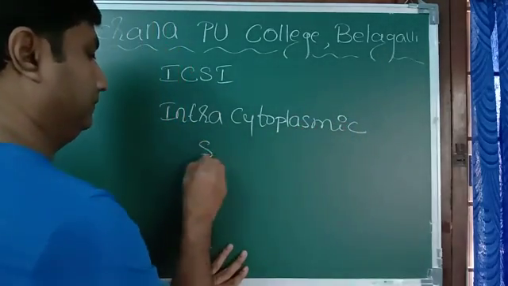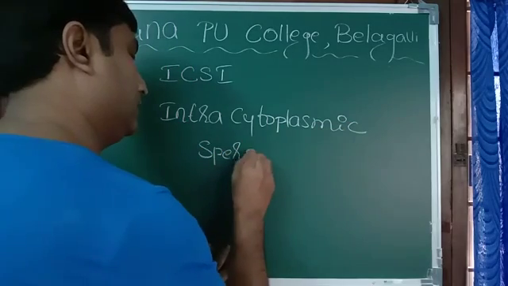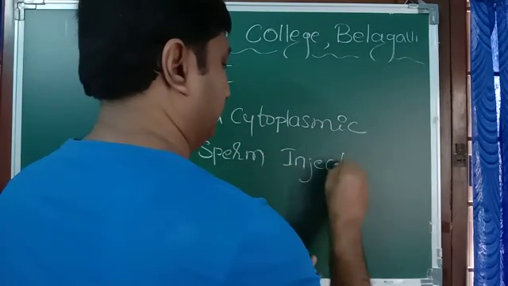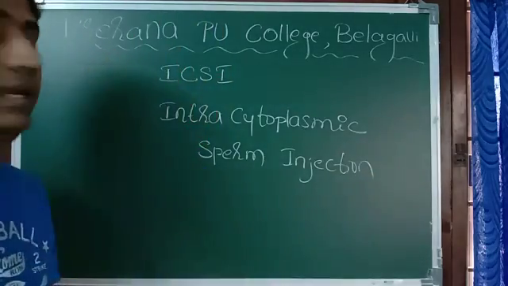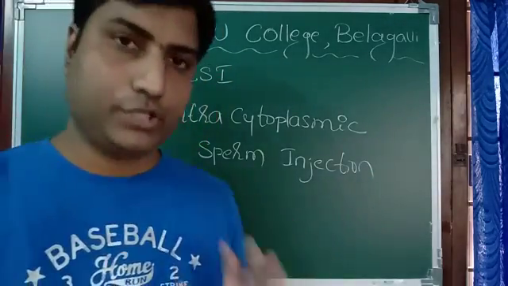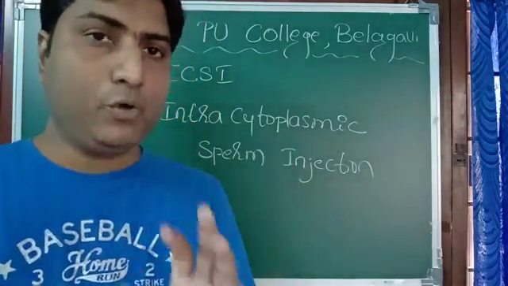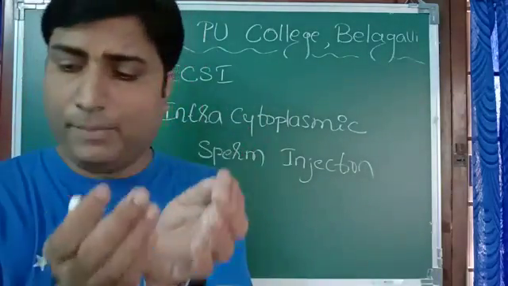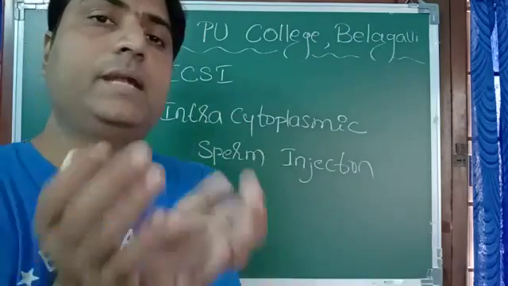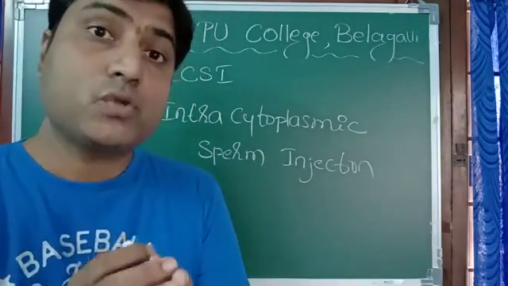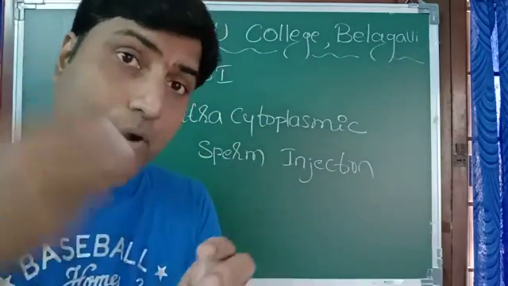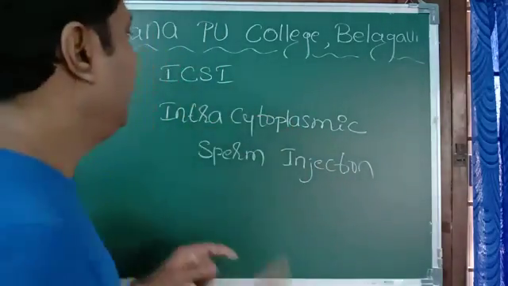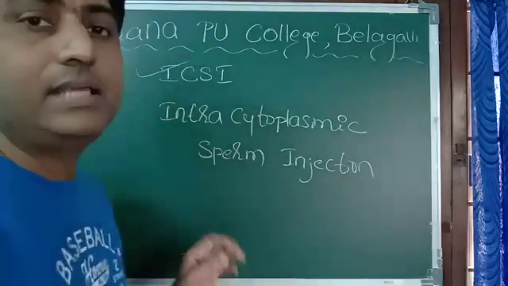Actually, in the laboratory, as I told you during the test tube baby program, sometimes though you keep the male and female gametes near, they may not fuse naturally. So we have to inject the sperm into the egg. That is intracytoplasmic sperm injection, and that is called ICSI.